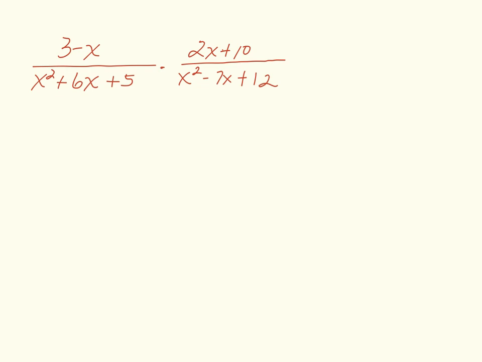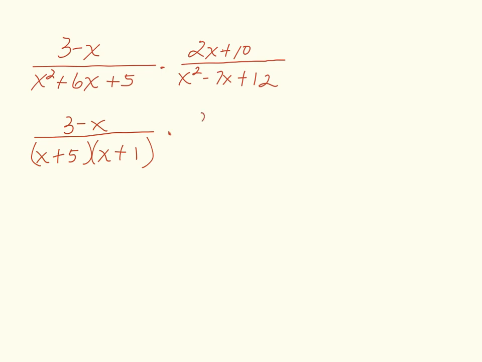Here, this is the last example. So let's see. We have to factor. So we have 3 minus x in the numerator. And then the denominator, we're going to have 2 numbers that multiply to positive 5 and add to 6, 5 and 1, times, now this is multiplication.